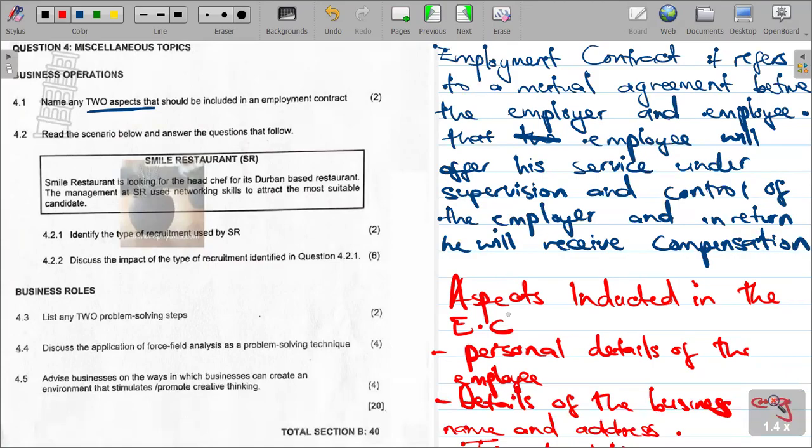Read the scenario below and answer the question. Right. So Smile Restaurant, SR. Smile Restaurant is looking for the head chef for its Durban-based restaurant. The manager at SR used networking skills to attract the most suitable candidate. Right. Question 4.2.1.